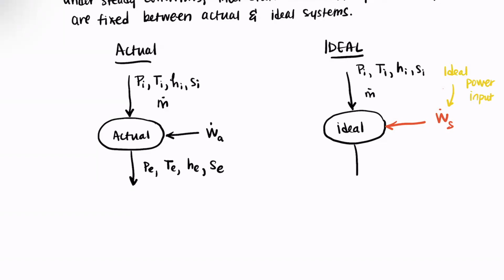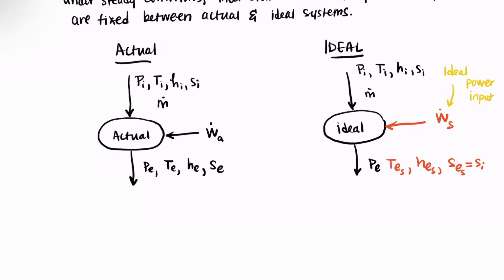For the exit, we keep our exit pressure the same, but everything else is going to change. We have our exit temperature, that's isentropic, our exit enthalpy, that's isentropic, and our exit entropy, which is also isentropic, which means this has to be the same as our inlet S, inlet entropy.